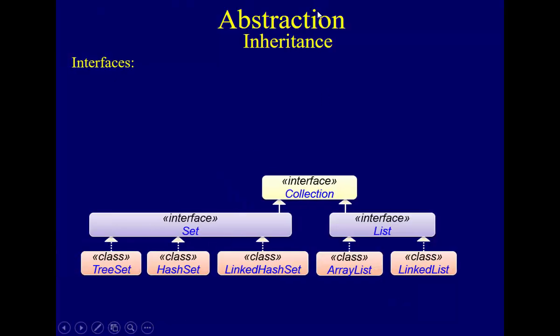And then there are these things called interfaces, where it tells you what the routines are, what the basic data structures are, but without giving you any actual code. And so here could be one which is a collection, and then a set is a collection, and a list is a collection, but it's only down here where you actually put in code.